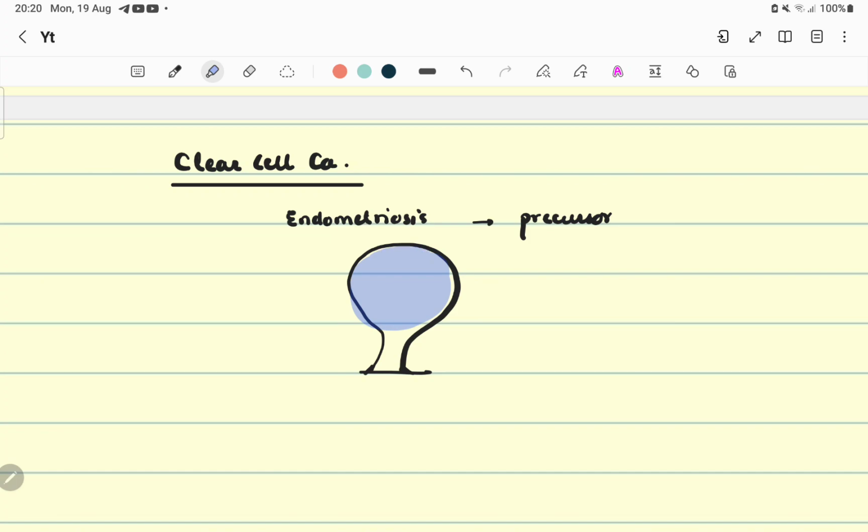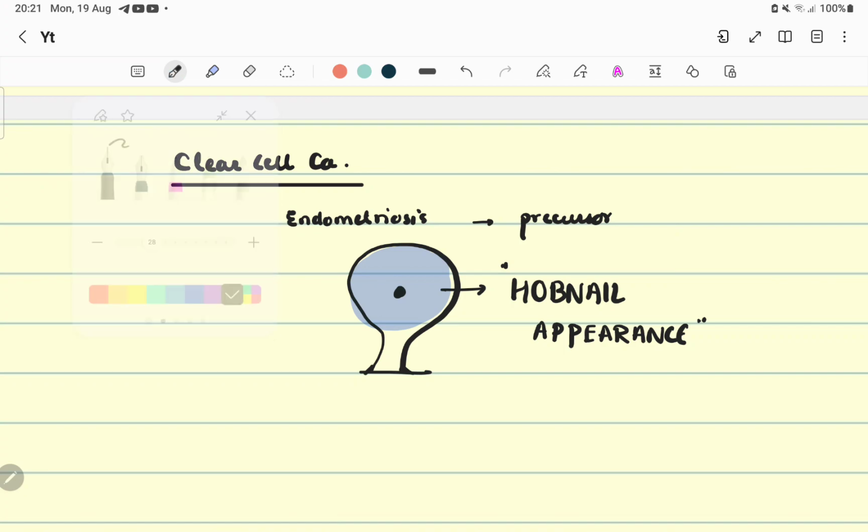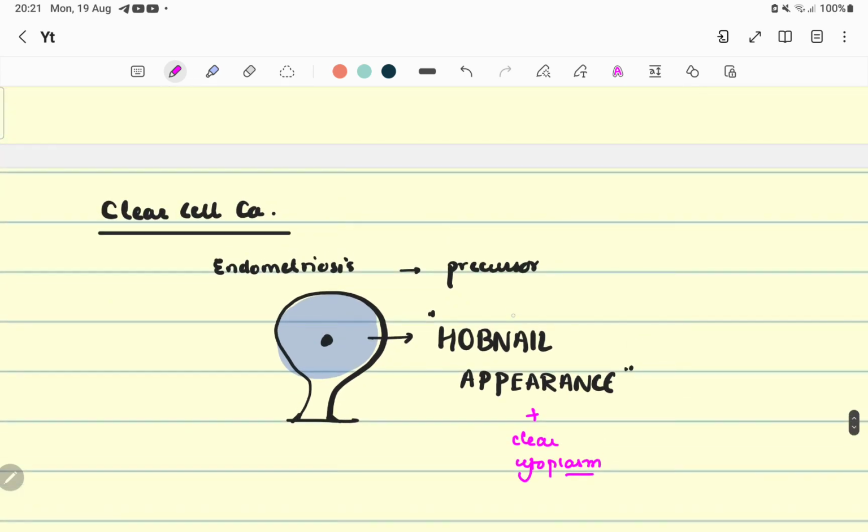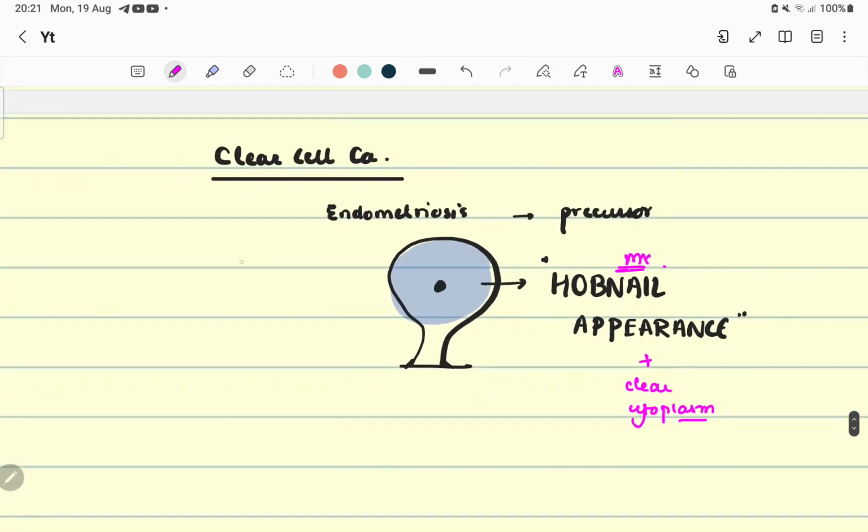This is called a hobnail appearance. So we have a characteristic hobnail appearance associated with this, plus we have clear cytoplasm. The cytoplasm of the cells is clear. This is the microscopy. And in immunohistochemistry, IHC, we have Napsin A.